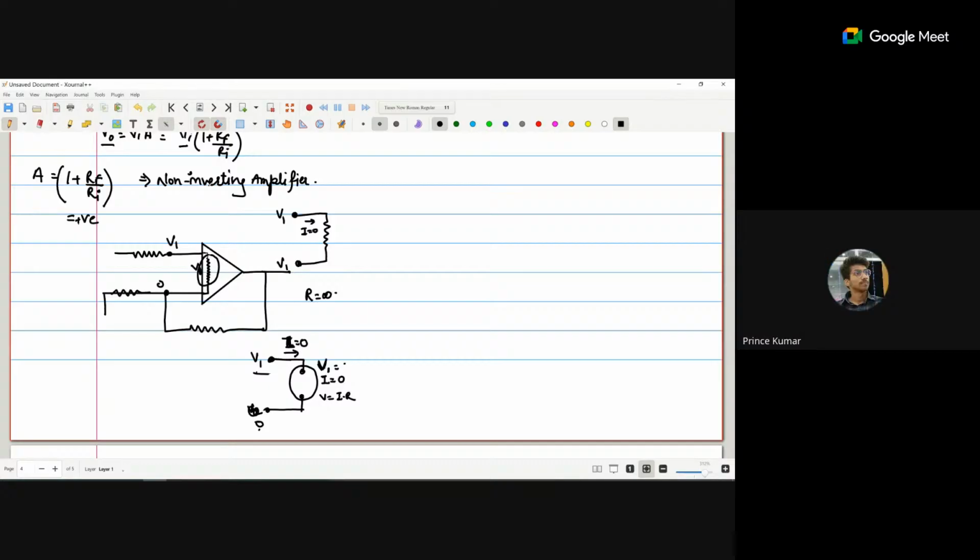So basically from these two terminals, no current will go inside this op-amp. I is 0, I is 0. Now what is the way to pass the current? The only way to pass the current is this one.